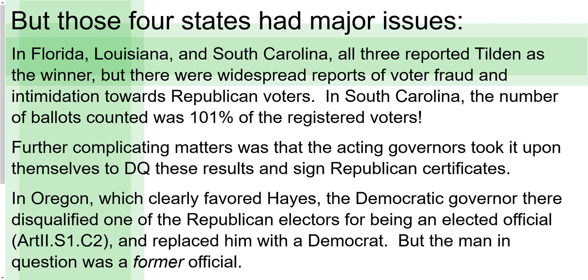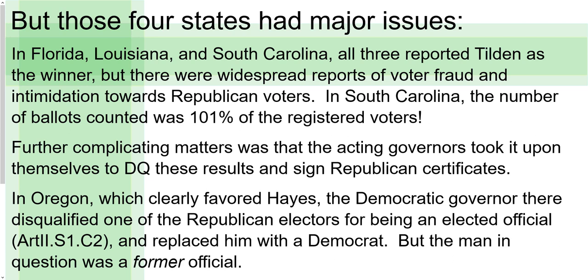So they decide to disqualify the results and sign the Republican certificates. Remember that the governor, when he receives the results from the state and receives the votes of the electors, he has to choose.